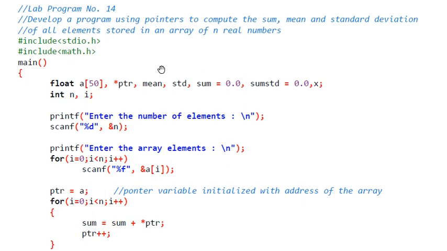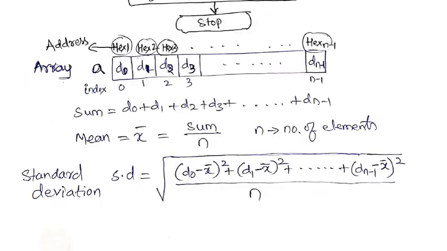So a pointer will point to the address of some other variable. We can use pointers to store the address. So we will also see what is a pointer, and we will understand what is a standard deviation and how it is calculated.